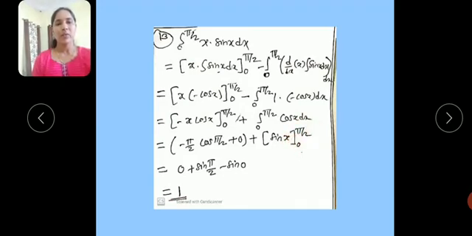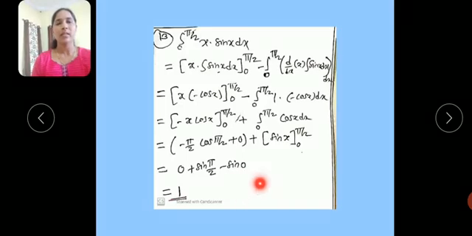This is equal to 0 plus sin pi by 2. Here x is replaced by pi by 2, we get sin pi by 2. The value of sin pi by 2 is equal to 1. We get the answer.